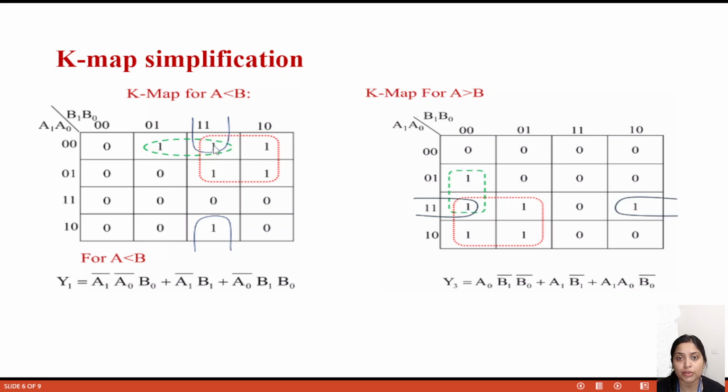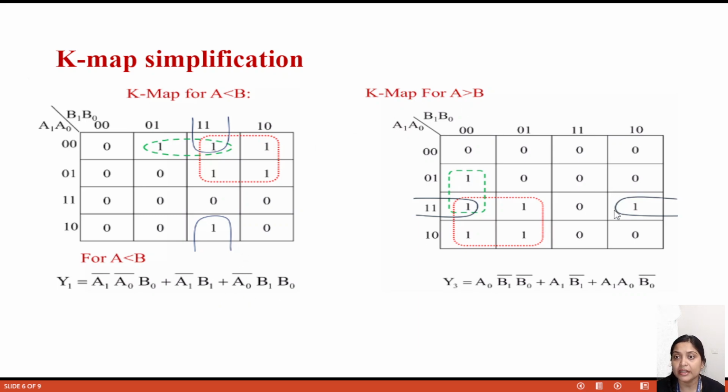Now first of all there are 4 ones, so we will form a quad here. There are 2 ones, so we will make a pair, and here also 1 1, we will make a pair. Based on this quad and pair we will simplify this equation for y1.